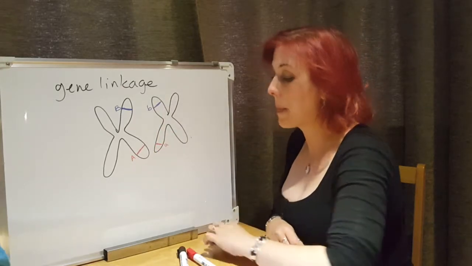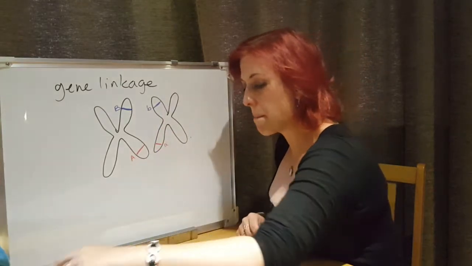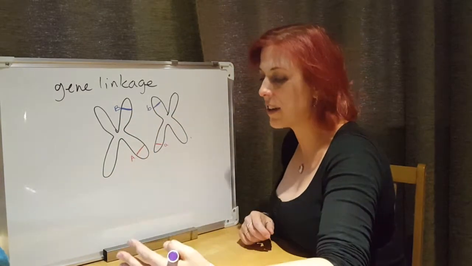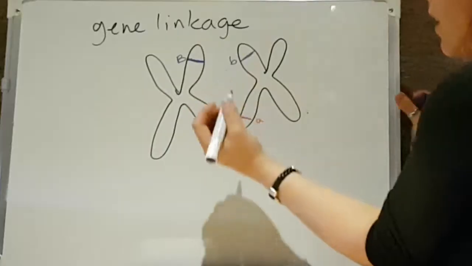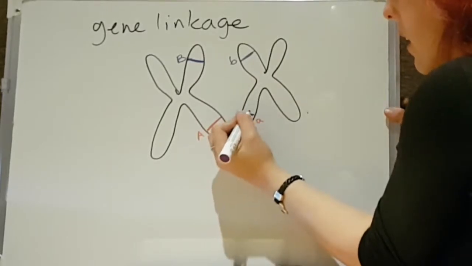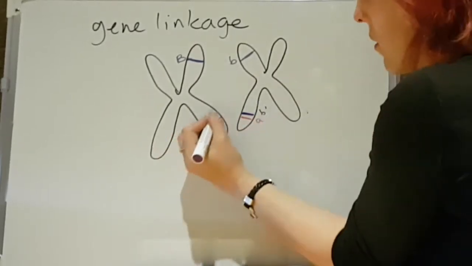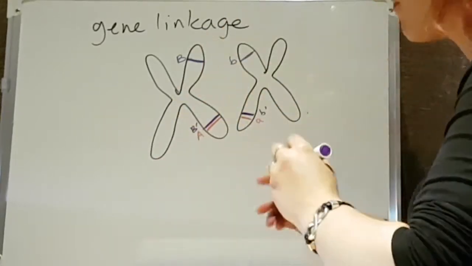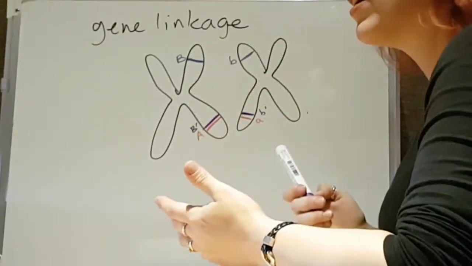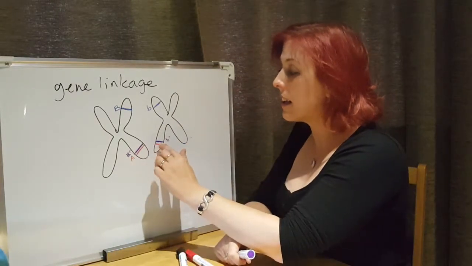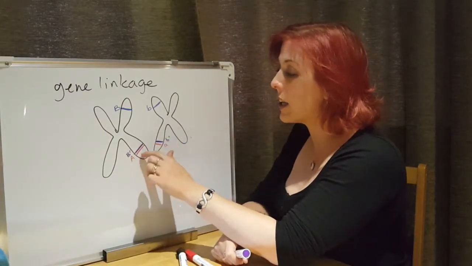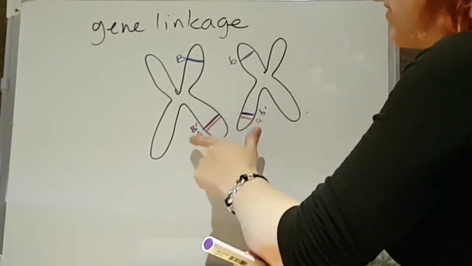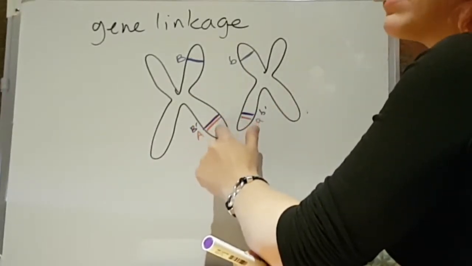If, however, instead of B being up here on a different arm of the chromosome, it was right in here, let's do B dash, then when crossing over occurred, it would be very unlikely that it would occur right between the locus for A and B, in which case those gene loci would become linked together.